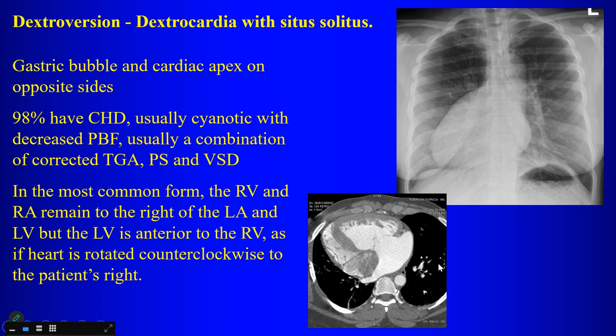It looks as if you kind of twisted the heart this way. That's what that looks like. So that's why the term is a misnomer. Dextroversion implies that the heart twisted abnormally, but that's not actually what happened embryologically. Either it migrated the way it was supposed to, or it didn't migrate the way it's supposed to, all right?